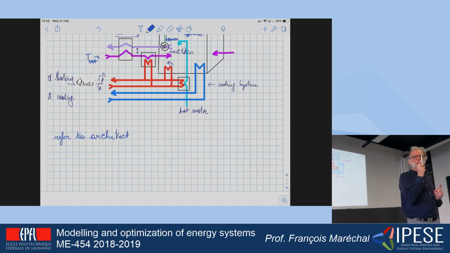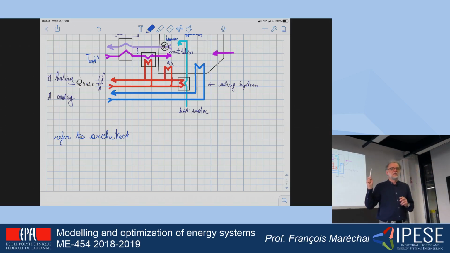And what will be the major difficulty that the architect will be facing? The main difficulty is that they do not know the composition of the walls. We know the geometry, but do you know what is inside this wall here?